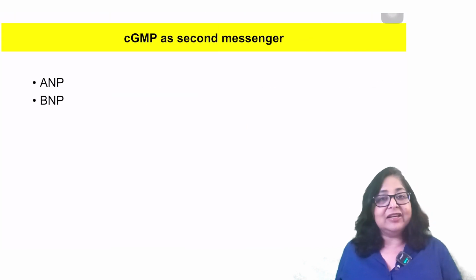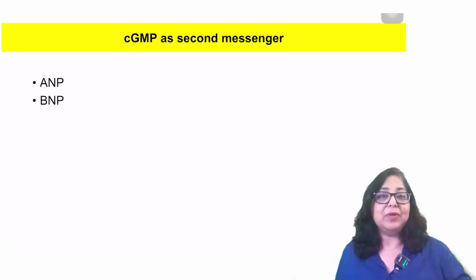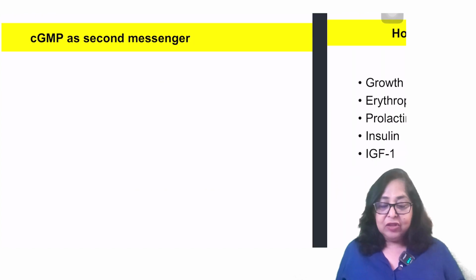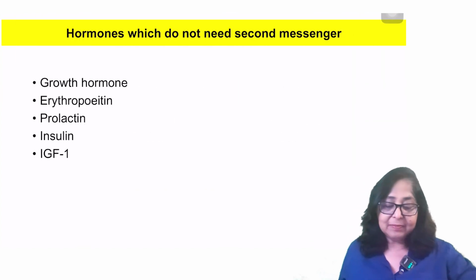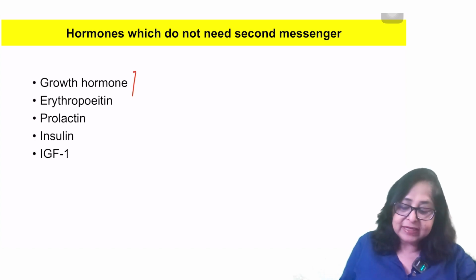Now, cyclic GMP, I told you, is used by these 2 hormones, atrial natriuretic peptide and brain natriuretic peptide. The hormones which do not need a second messenger are growth hormone, prolactin, and erythropoietin because they act via the JAK-STAT pathway.